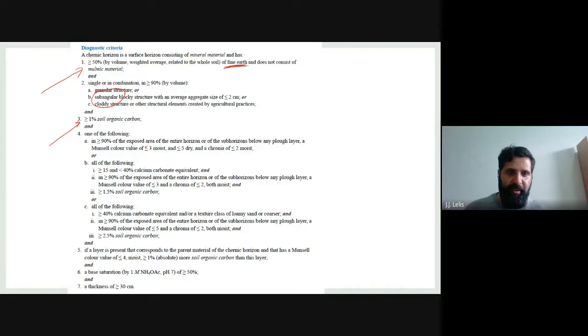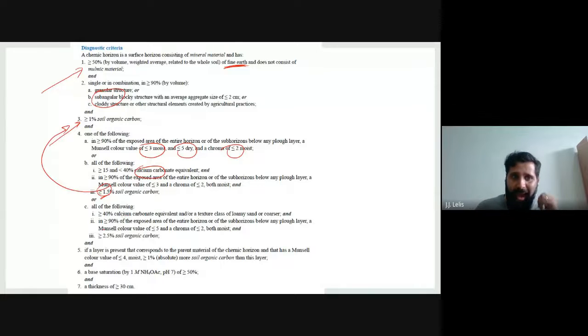We should present dark colors, so low values and low chroma, okay? And if we present calcium carbonate, if we present calcite in this horizon, the organic carbon should be higher than this.